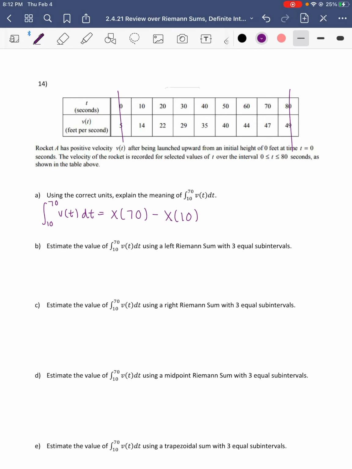If you're taking the final position and subtracting the initial position, that's really just the displacement of the rocket. And then it says it wants units, so if we look, our units here would be feet.